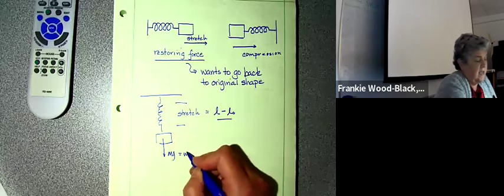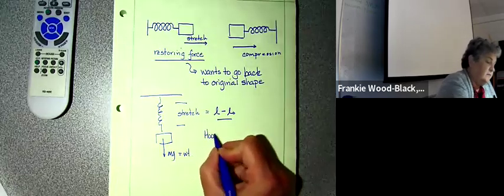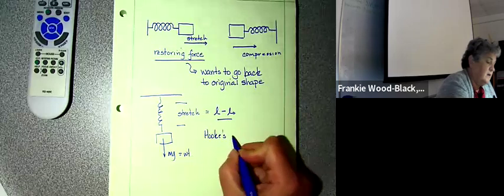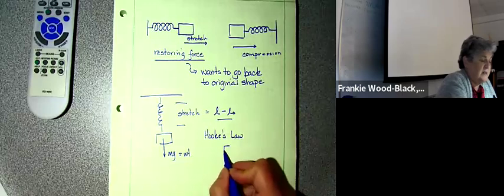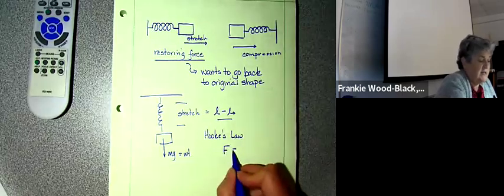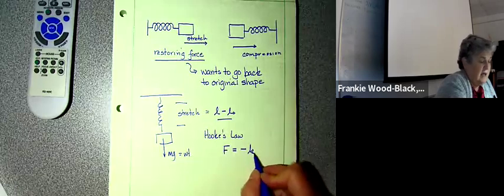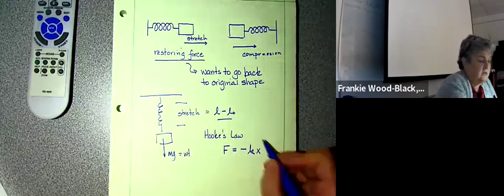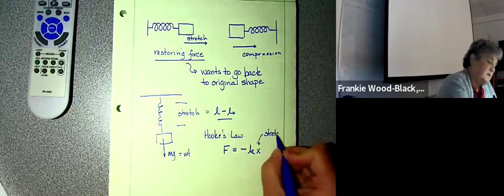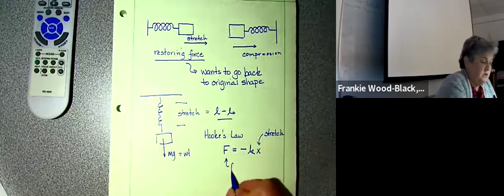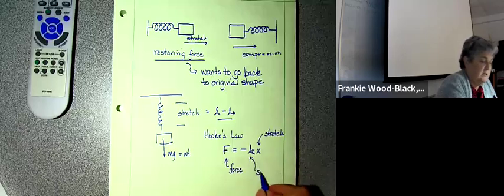So this is my weight. And we're going to get something called Hooke's law. Hooke's law tells me that the force is equal to negative kx, where x is the stretch, F is my force, and k is my spring constant.